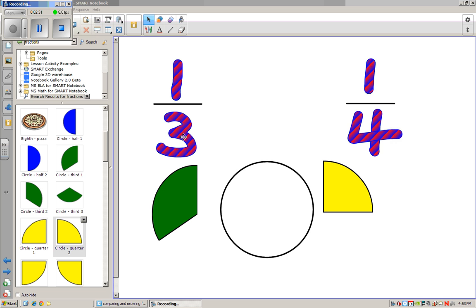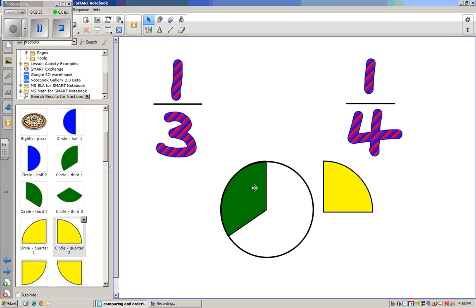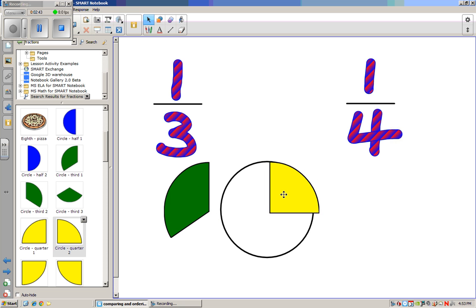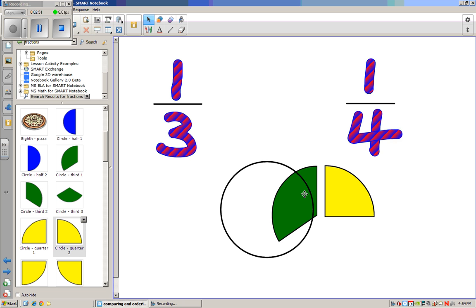If we divided this circle into thirds, we would have three pieces that look like this that would go around. If we divided it into fourths, we would have four pieces like this yellow piece that would go around. So we're comparing directly either fourths or thirds here, and we have one of each. Which one would be bigger? If we just put them side by side, you can see 1/3 is bigger than 1/4.